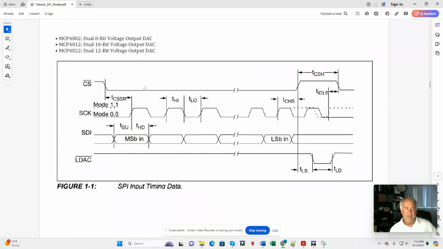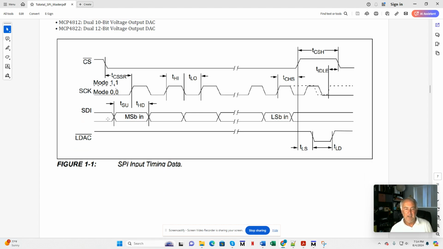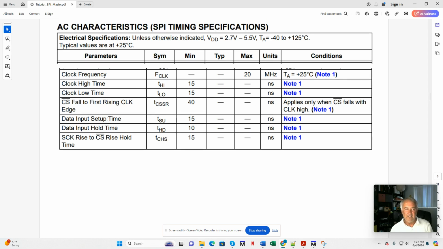All right. So let's have a look. This is a Microchip DAC. And here we're looking at the timing waveform. And what I'm really interested in, there's a lot of information there, but I really want to know what S clock's maximum frequency is. So I'm just going to scroll down. I've captured the AC timing characteristics, and there we go.